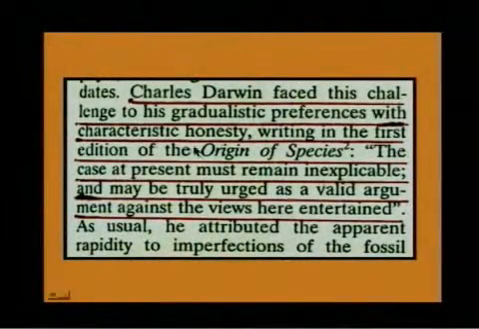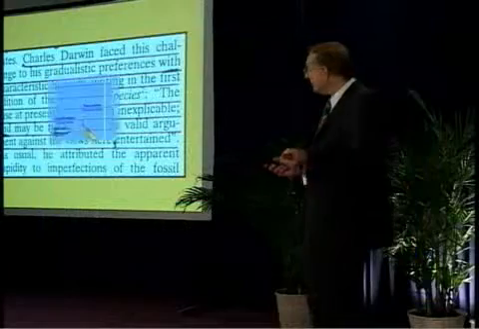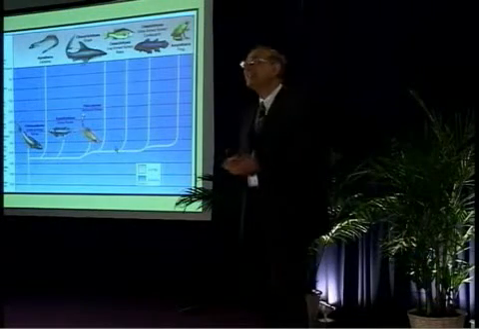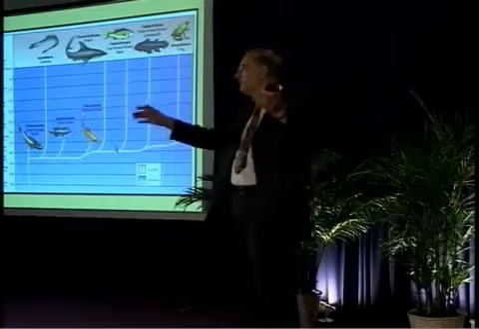No. He writes, Charles Darwin faced this challenge to his gradualistic preference, things change slowly over time, with characteristic honesty, writing in the first edition of Origin of Species, strange that it disappears later, the case at present must remain inexplicable and may be truly urged as a valid argument against the views here entertained. So they've known this from the beginning. So, is there such a thing as an evolutionary record which shows things developing from simple to complex? Answer is no. What we have is fully complex organisms there at the same time.